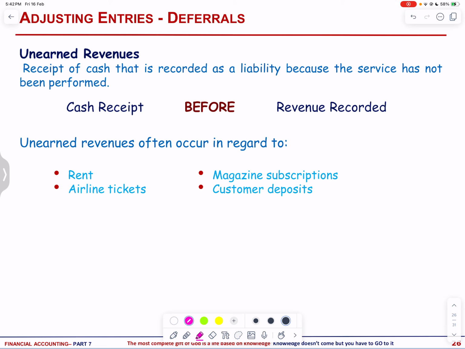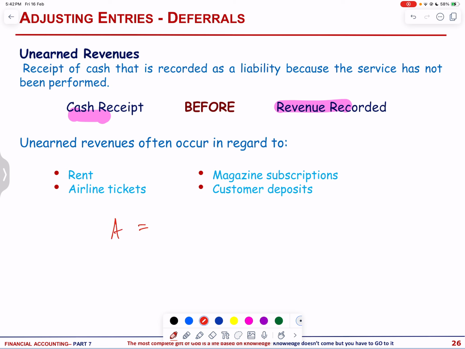So companies use the unearned revenues, that is a liability account, to track cash received before revenue is earned, like rent received in advance, or magazine subscription received in advance, or airline ticket received in advance. All these are examples of unearned revenues. We are receiving cash before revenue is being recorded, and this is a liability for the business and not a revenue. So when a company gets paid for future services, it credits the unearned revenue account to show the liability.